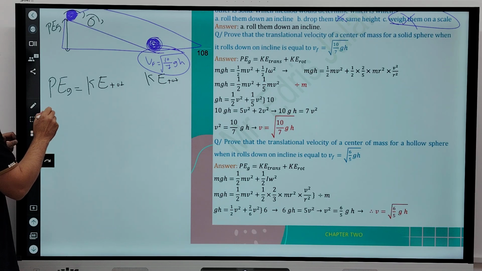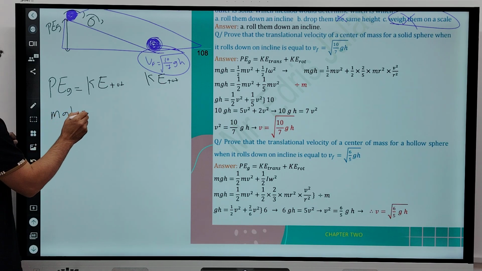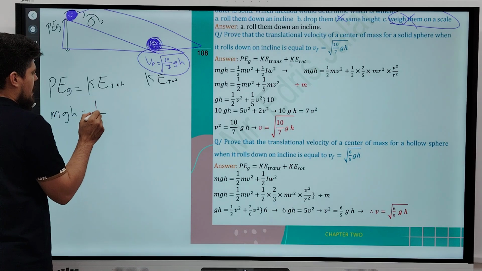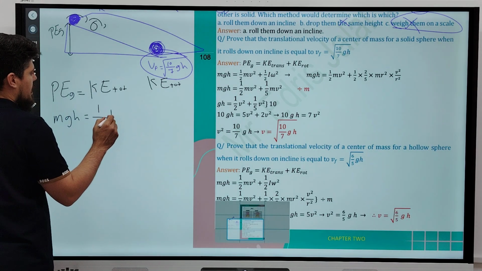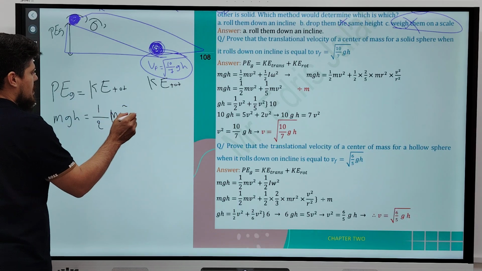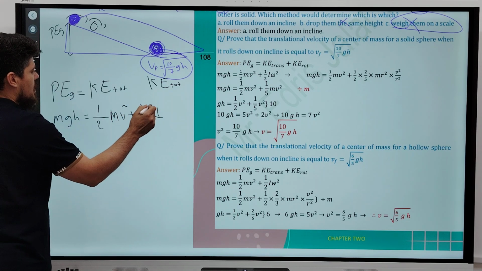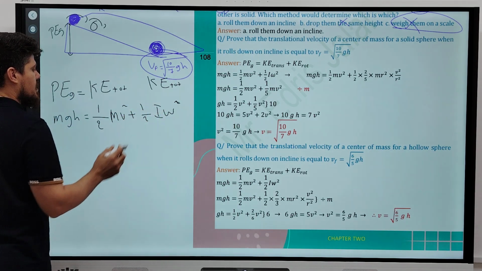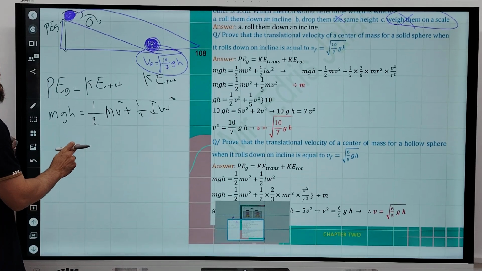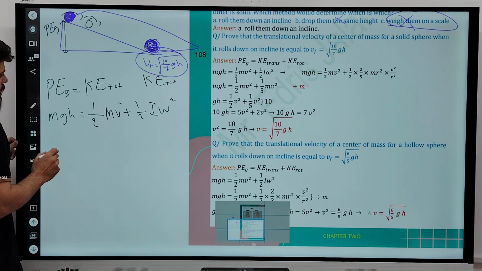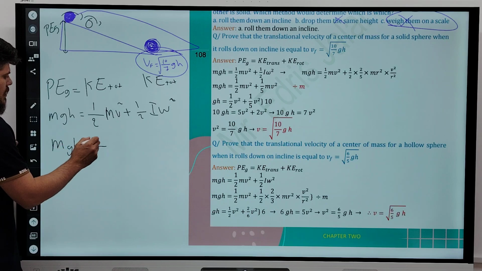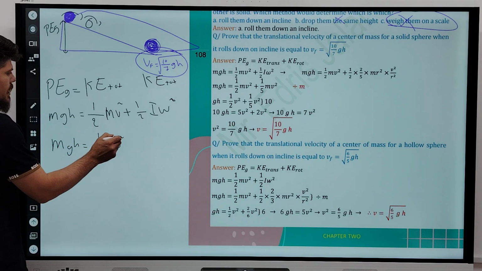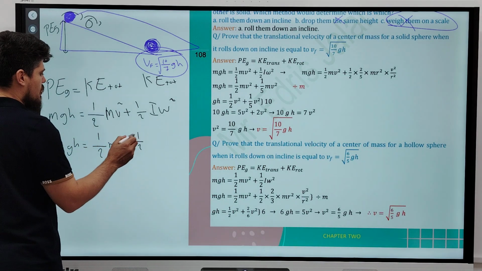Gravitational potential energy is equal to mgh, and total kinetic energy is equal to 1 over 2 mv squared plus 1 over 2 I omega squared. This is total kinetic energy. Now bring down this: mgh equals 1 over 2 mv squared plus 1 over 2 I omega squared.